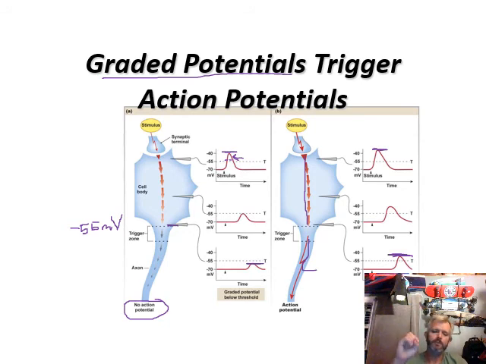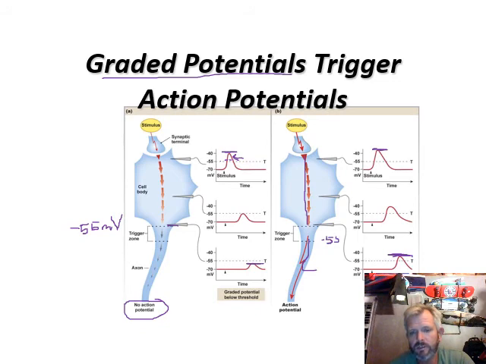Okay, so our graded potentials, depending on size. And what you've got to recognize too is that this is oversimplified and there's just one neuron talking to this one here. There can be hundreds to thousands of neurons talking to this one neuron, sending either excitatory or inhibitory signals, and they can be summed together as long as there's enough excitatory signal to get us to negative 55 here.